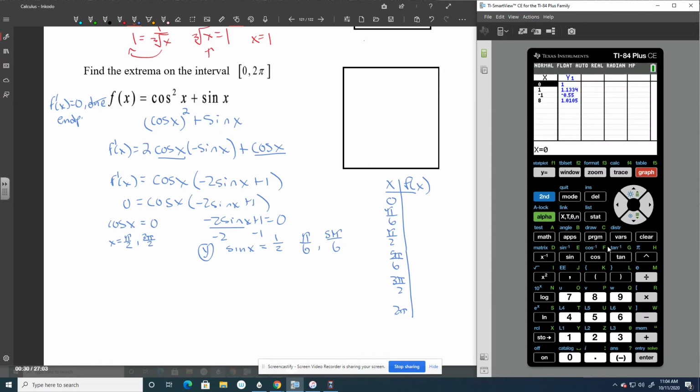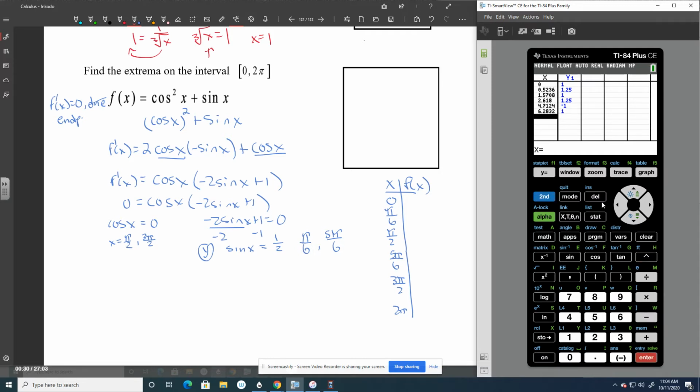Going to the table, I want to check 0, pi over 6, which I can put right in as pi divided by 6, and it'll round it for me. Then pi divided by 2, 5 pi divided by 6, 3 pi halves, and 2 pi. I put all of those in, and it should give me my 6 values.